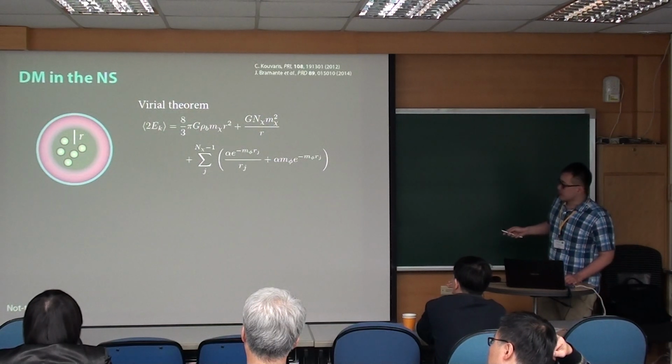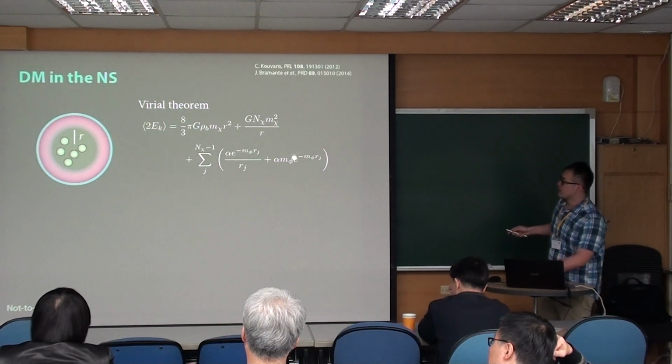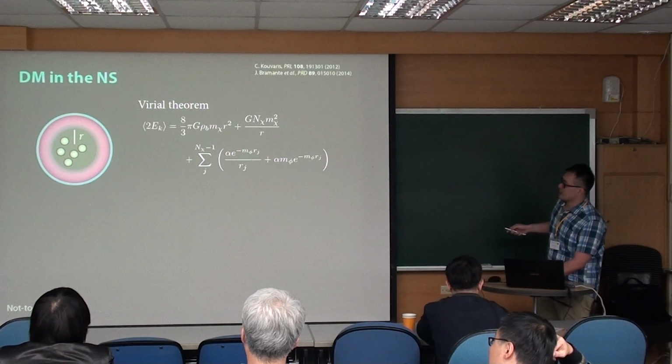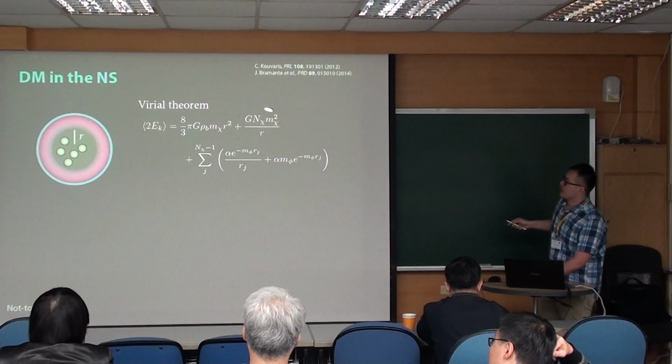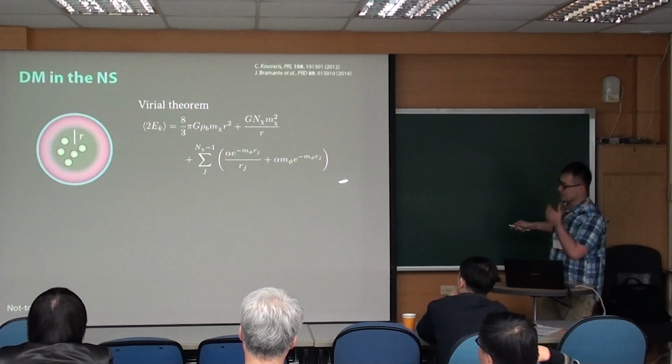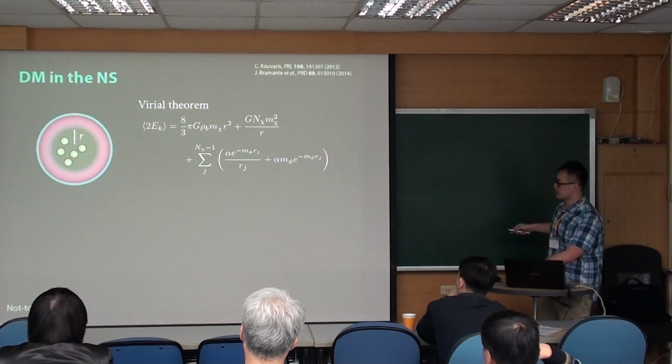This term describes the thermal pressure of the dark matter particles, and this term describes the gravitational potential due to the neutron star itself. And this is the self-gravitational term of the dark matter particles themselves. And this term is the Yukawa potential between the dark matter particles, assuming it is attractive.